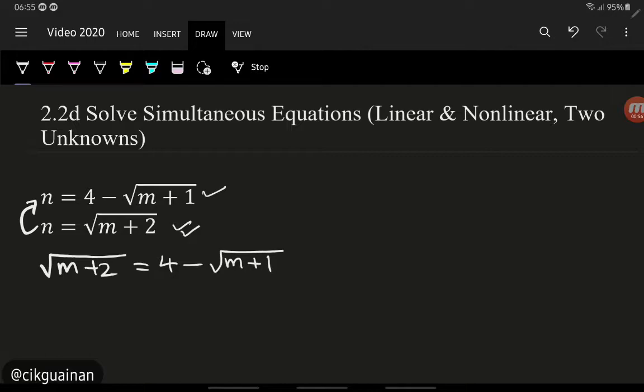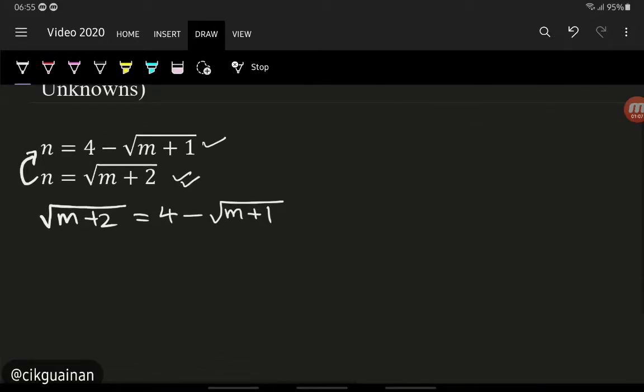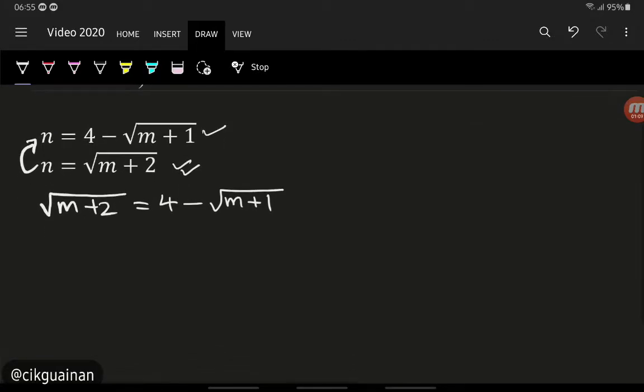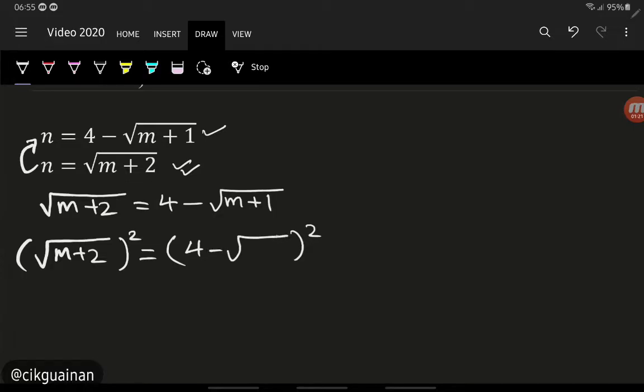So we already substitute, and then we have everything in terms of m. So in this case, what we should do is just square both sides. We square the left hand side, which is the square root of m plus 2, and then we square the right hand side, 4 minus square root of m plus 1.